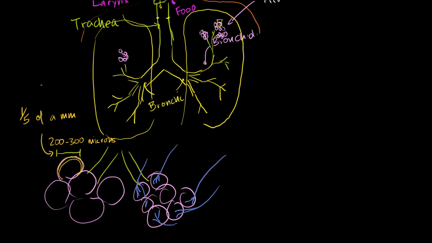And the word for the blood vessels that come from the heart is arteries. Let me write that down. I'll review that again when we cover the heart. So arteries are blood vessels from the heart, and you've probably heard of arteries.